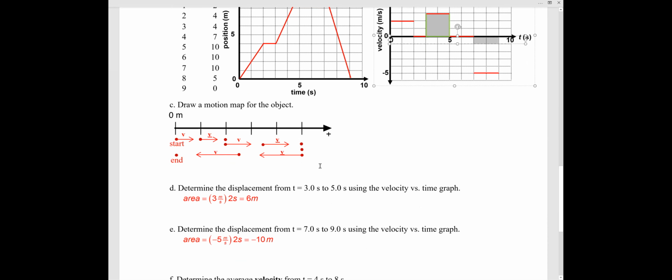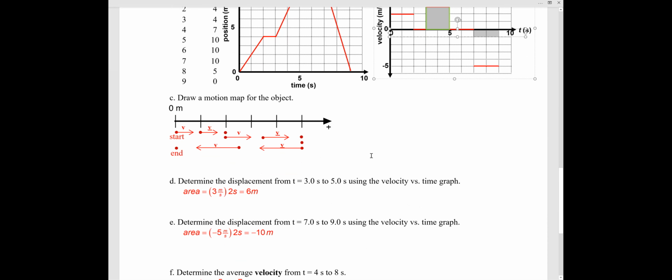And for D and E, the sign is important. So really for D, we probably should, I don't think I can add a sign to that since it's a formula image, but I could say forward to indicate that that's the direction. And then for part E, it's got the negative sign in that image. So you can tell for sure that it's backward in its change in position.